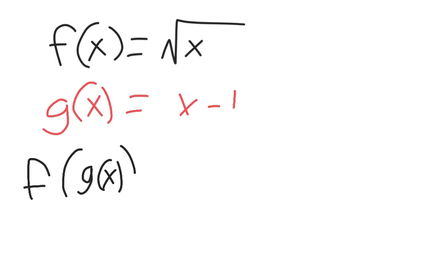Okay, I'm making this up. Have you guys done stuff like this? Yeah, we can just plug in the g of x into the x of the f of x.